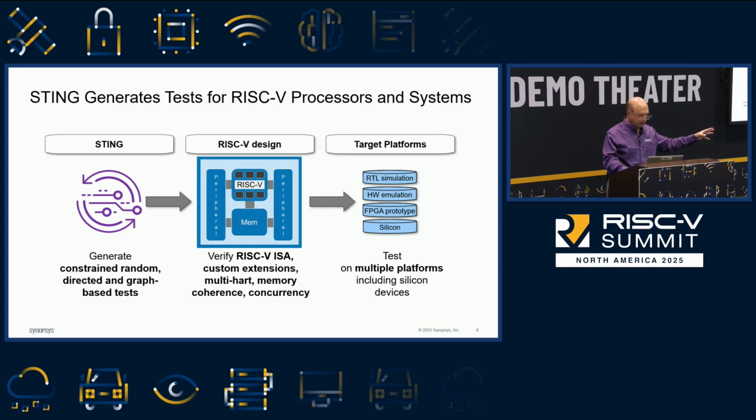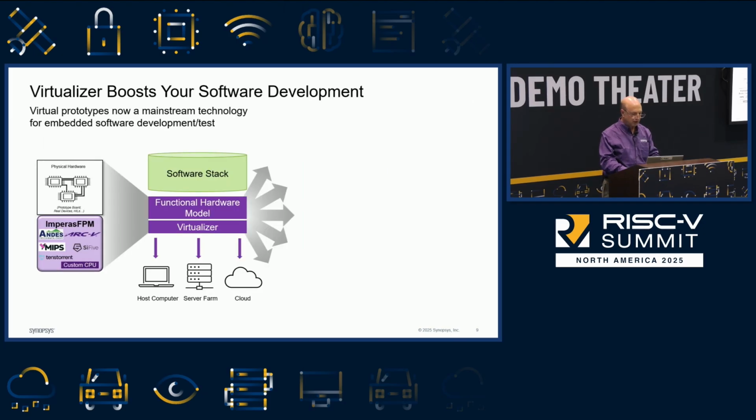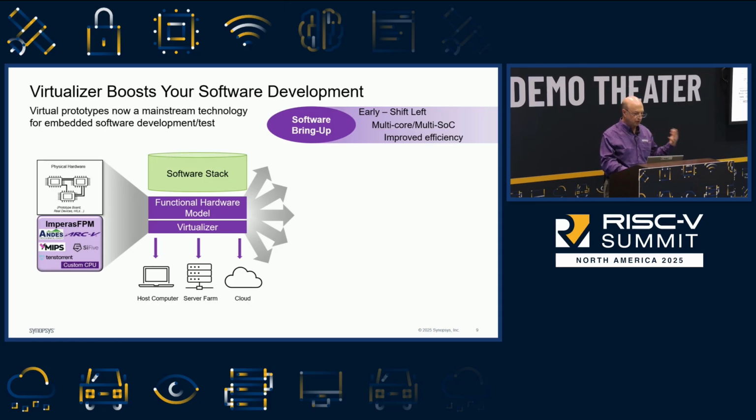So architecture exploration, design verification, software development. For software development, Virtualizer is the key tool. It is the industry standard for virtual prototyping. What virtual prototypes do is allow you to shift left your software development.